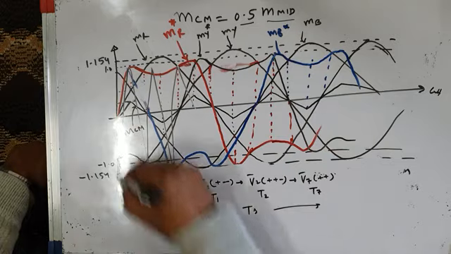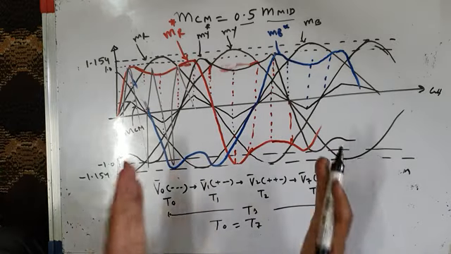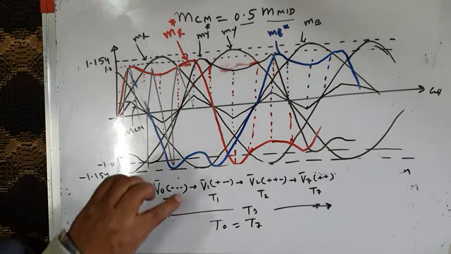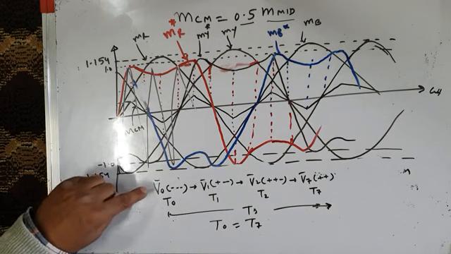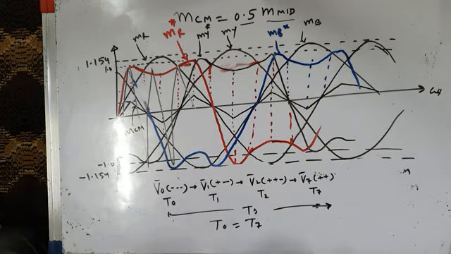And in this subcycle, you will find that T0 will be exactly equal to T7, similar to space vector PWM. Whereas it was not the case in sine triangle PWM. In sine triangle PWM also we had the same switching sequence, but T0 was not equal to T7.